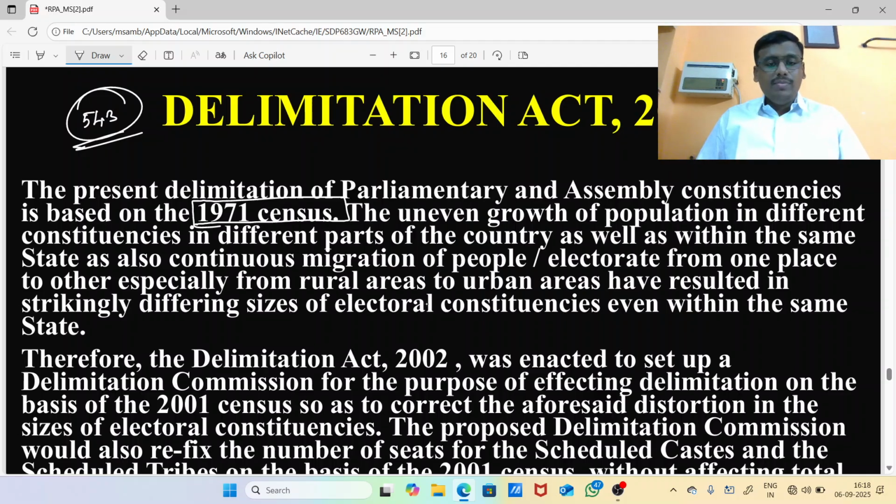Why do we need a change? Because of the uneven growth of the population in different constituencies and different parts, there is less participation of electors in elections.